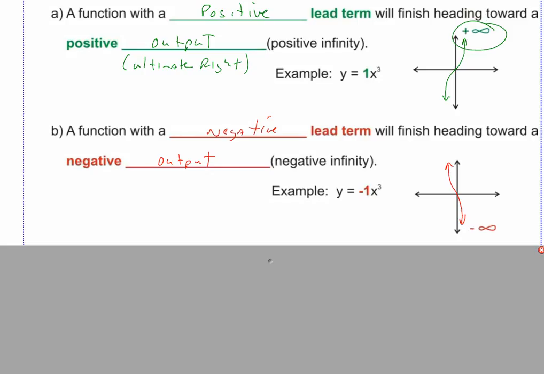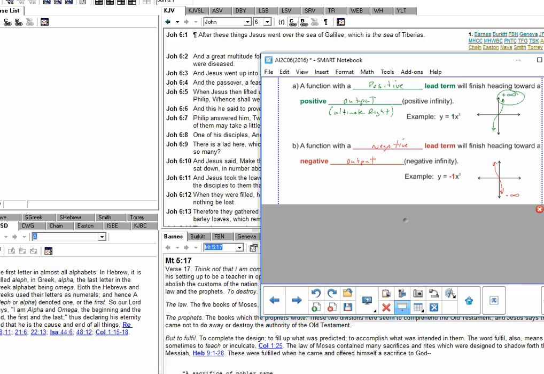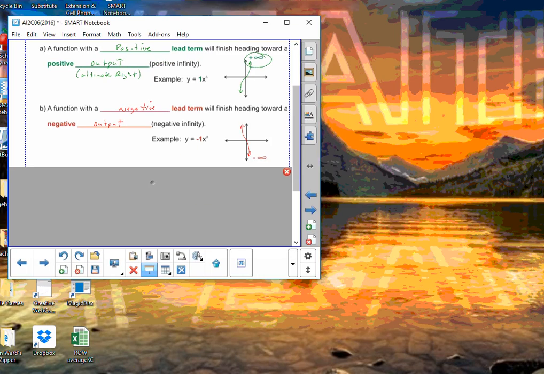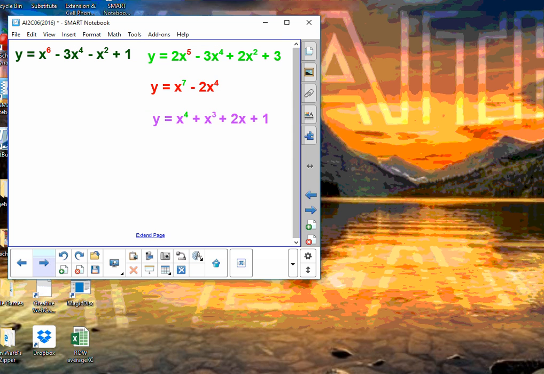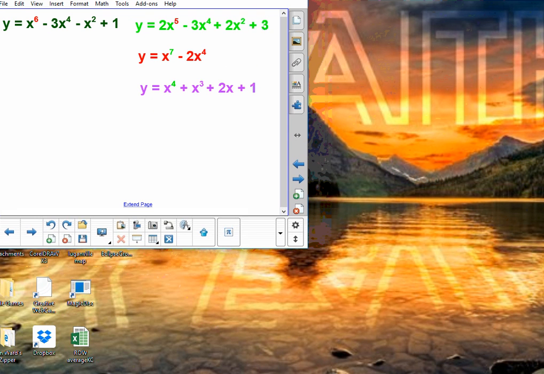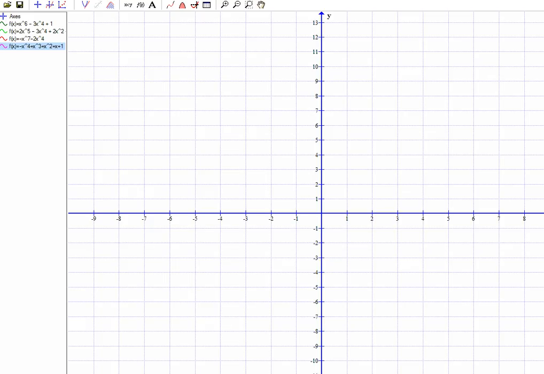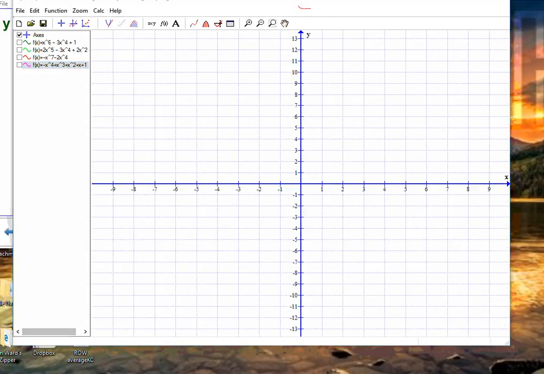This thing is heading to negative infinity. All right, let me see if I can do a couple things here, make things work. Let's get rid of all that other junk. Oh, now Smart Ink's going to work?